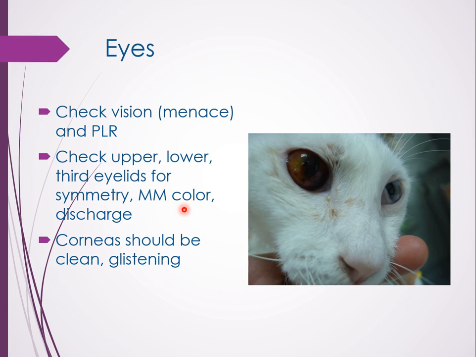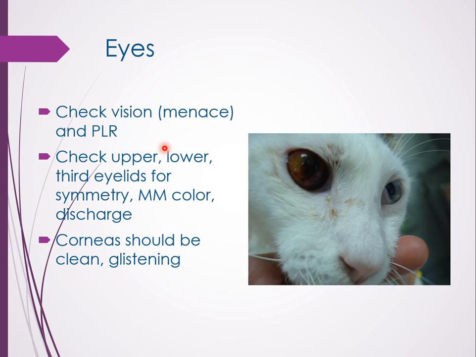Okay, now for both eyes, this is when you start using your pen light, to check the pupillary light reflex. Because if it's normal, the moment you shine the light at the eye, the pupil should constrict quite nicely, all right?